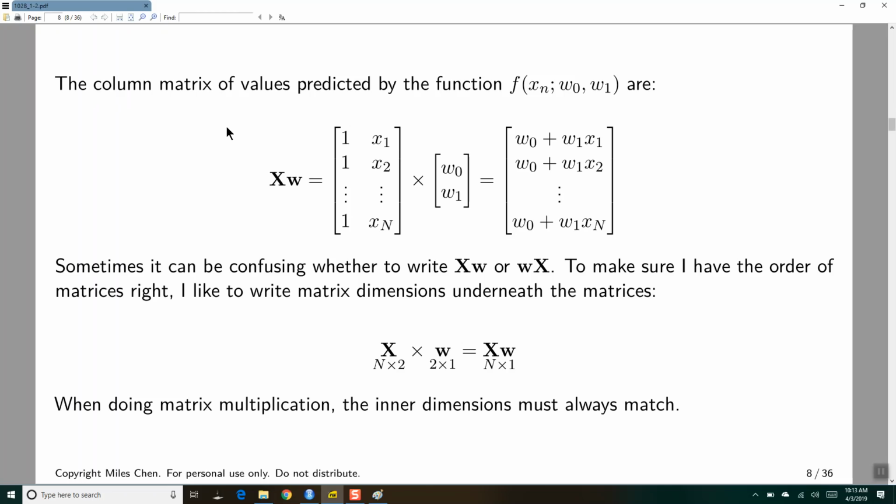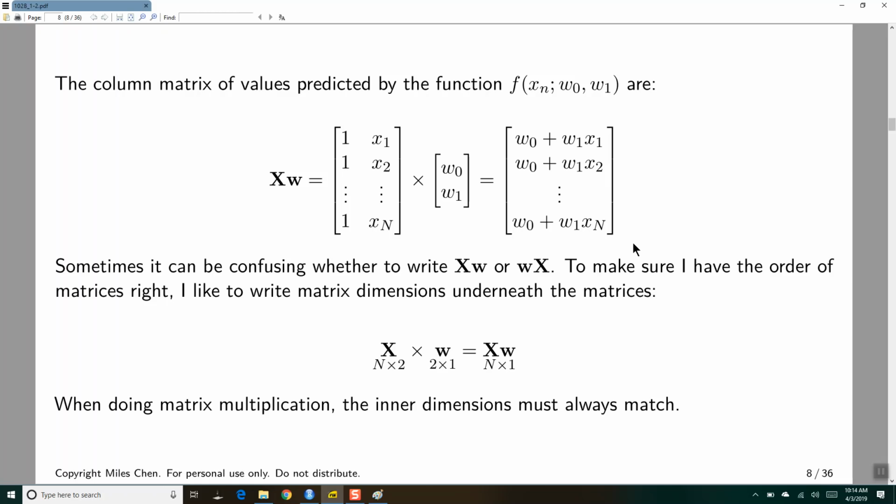All right. So again, our big X matrix here looks like this, and our W matrix, the slope and intercept terms, show up here. And so when we do the product of big X times W, we get exactly what we want: W0 plus W1 x1, W0 plus W1 x2, and so on and so forth down to the last observation.